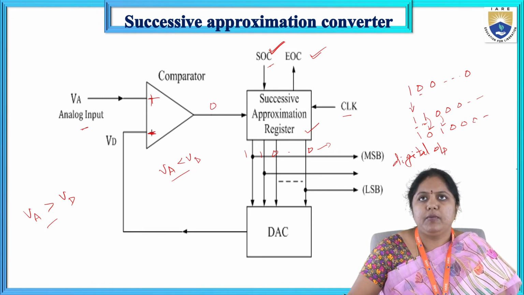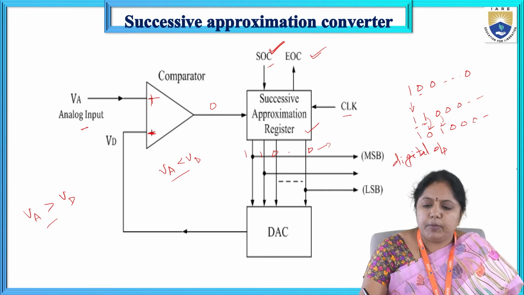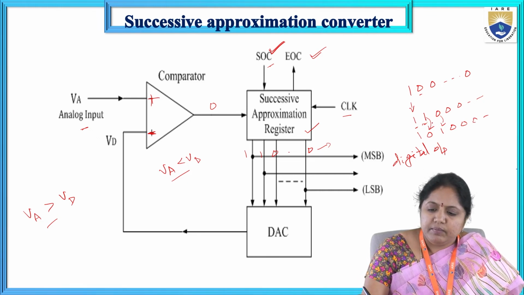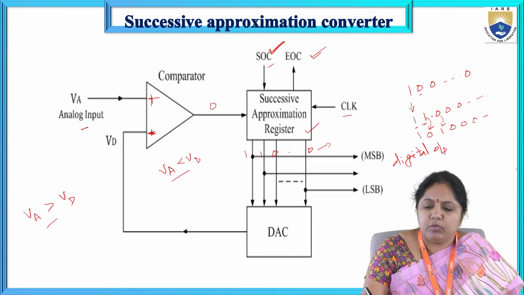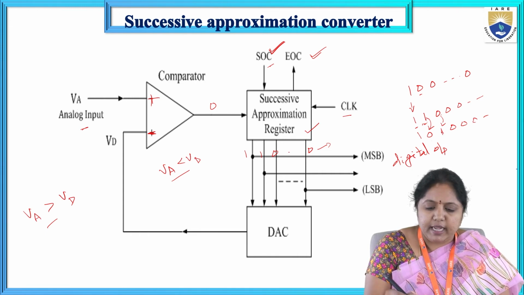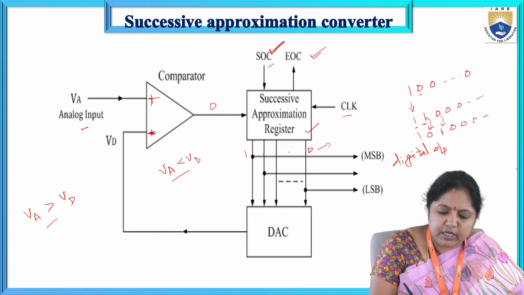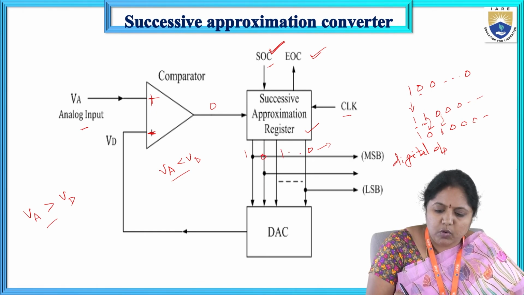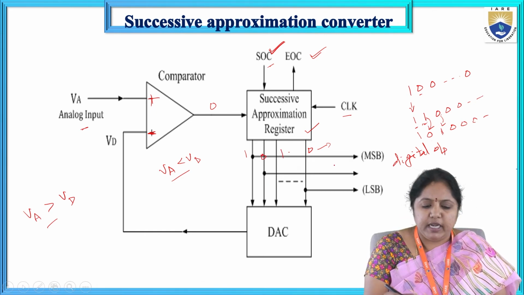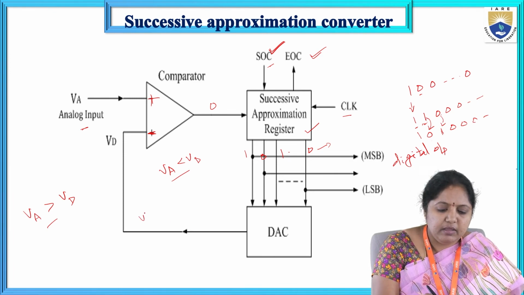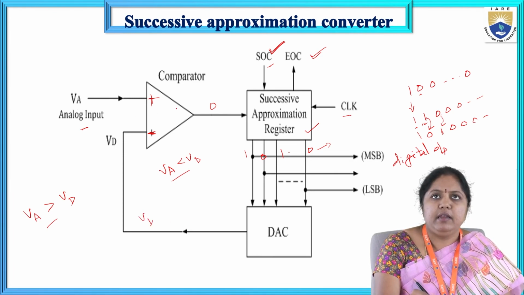When the comparator output is 0, the successive approximation register changes the previous 1 to 0. The previous bit 1 has been changed to 0, and the next lower bit is changed from 0 to 1. Now the present input for the DAC is 1010 like this, right? Again it generates the analog output, and again there is a comparison.